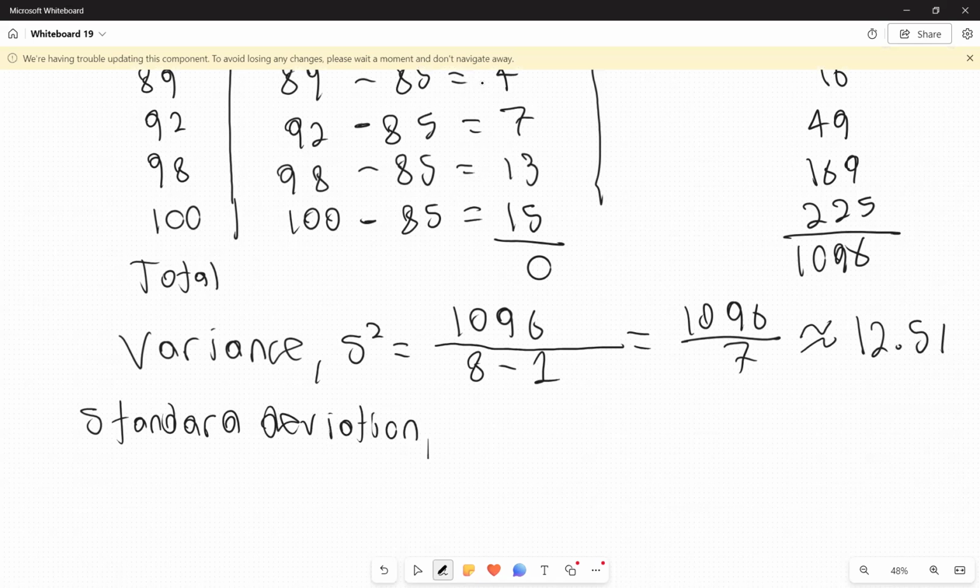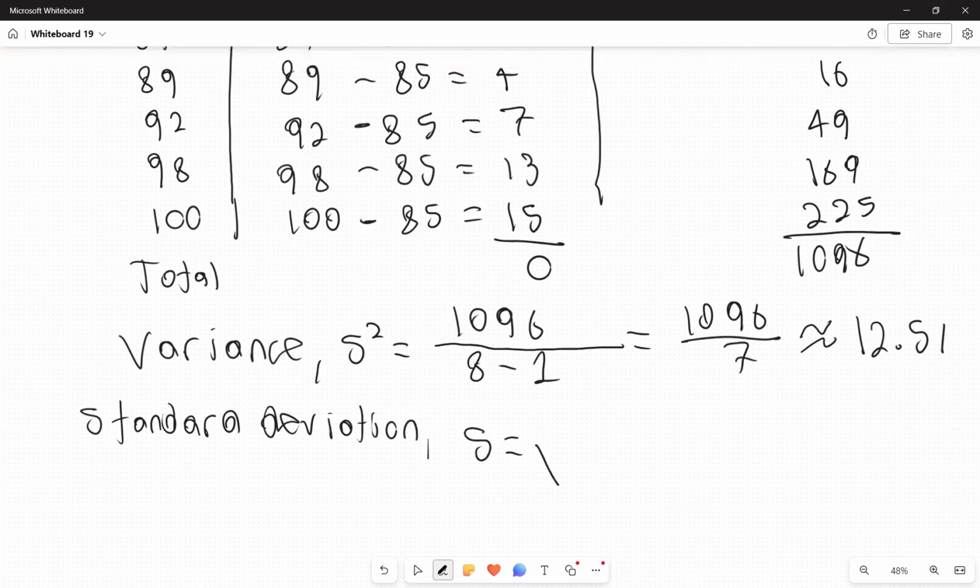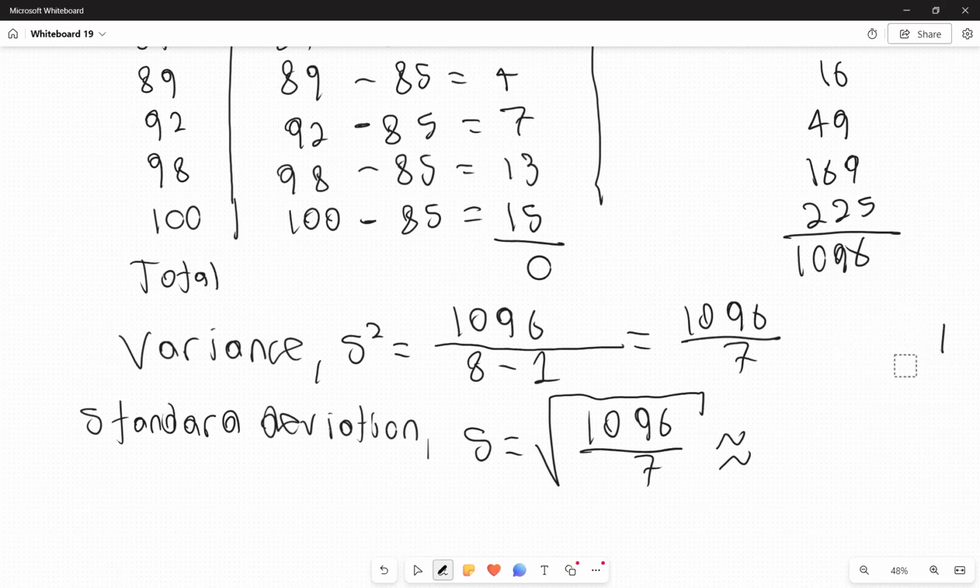So this is S, the square root of the variance, which is the square root of 1096 over 7. This is approximately 12. Actually, when I did this approximation, I gave you the variance. Let me write this down.